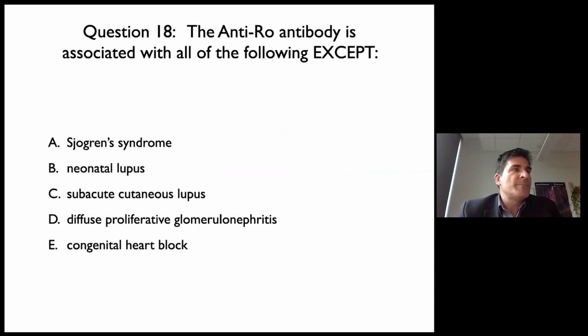Question 18. The anti-Ro antibody is associated with all of the following except A, Sjogren's syndrome, B, neonatal lupus, C, subacute cutaneous lupus, D, diffuse proliferative glomerulonephritis, or E, congenital heart block.